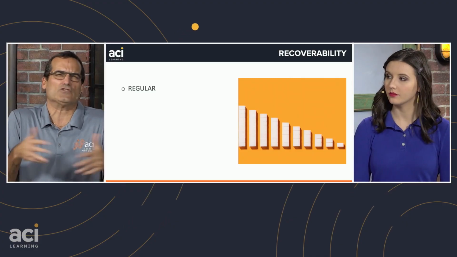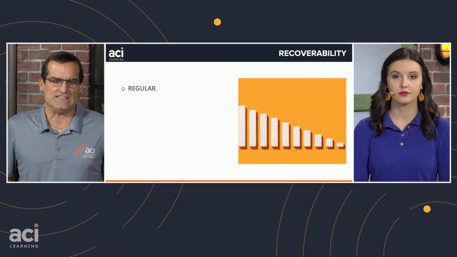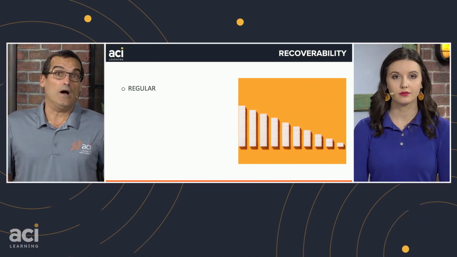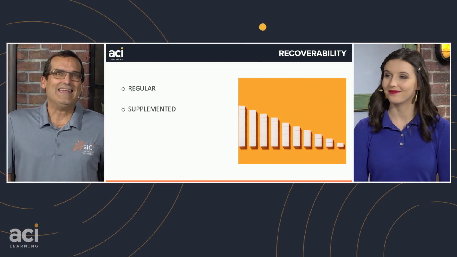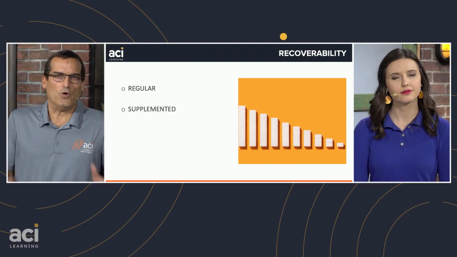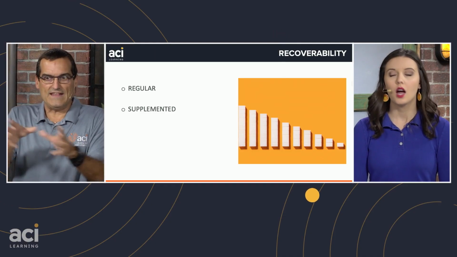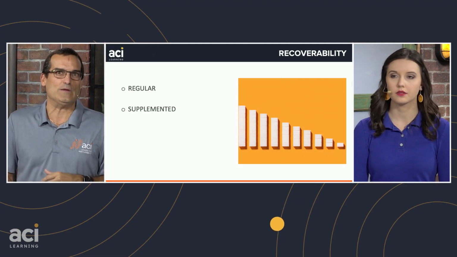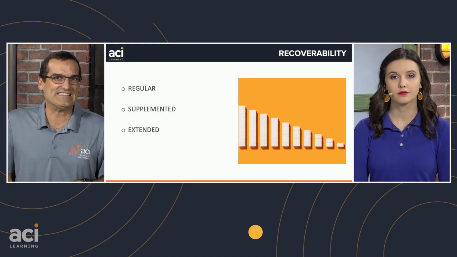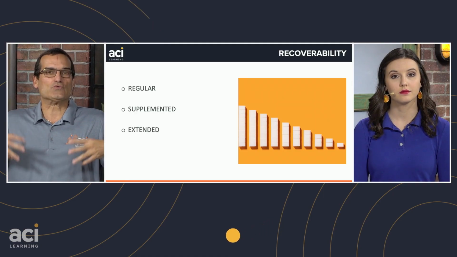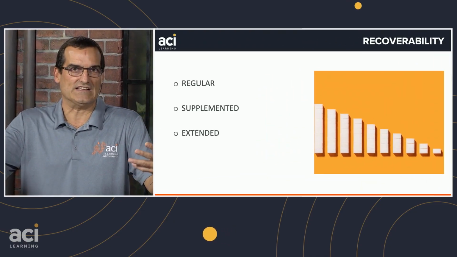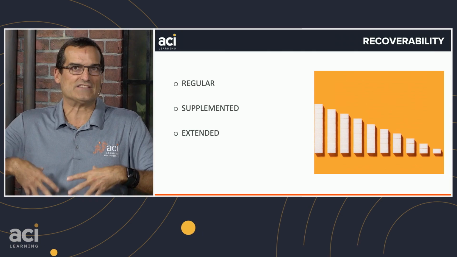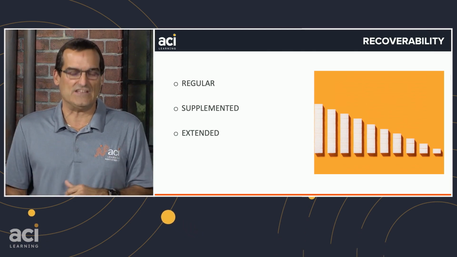So we would just say it's a regular recoverability situation. How about a little bit more difficult? It might be supplemented. So we have to do some things, and then we have to get another department to help out to recover from the security breach. Here's one, extended. We may have to reach out to external organizations to help us recover from this situation.